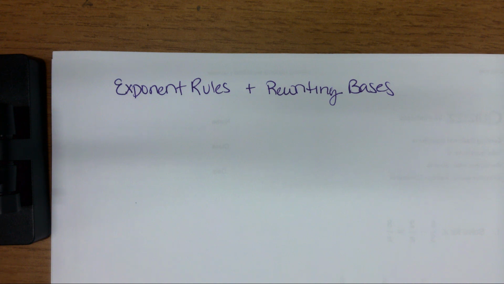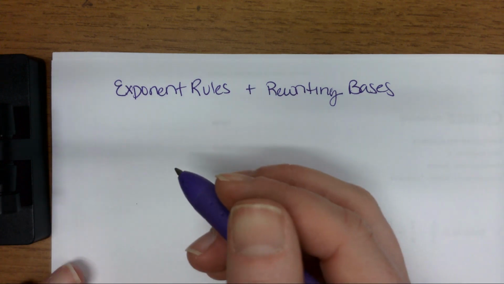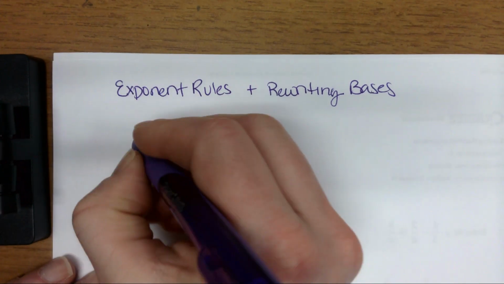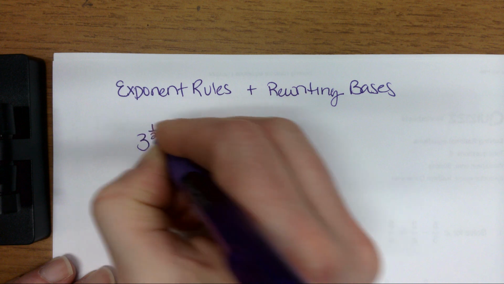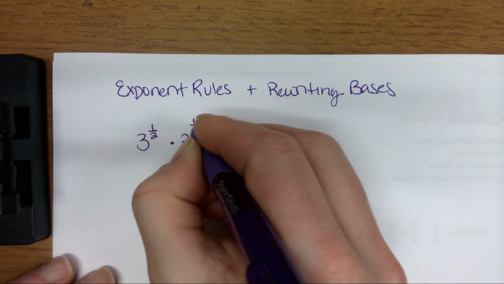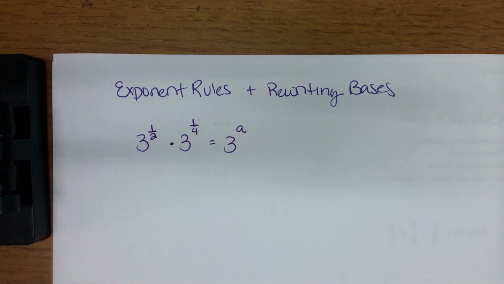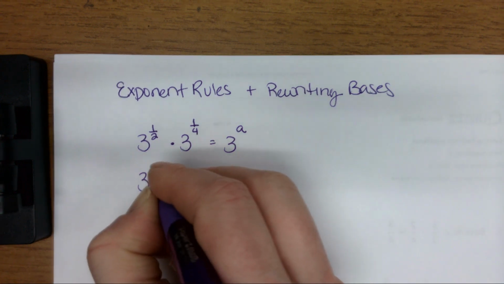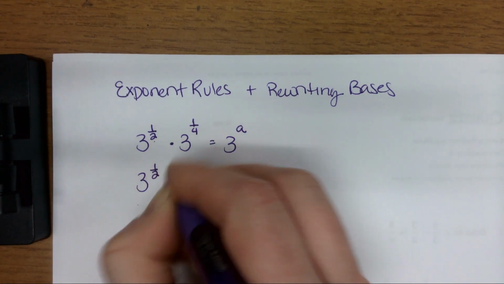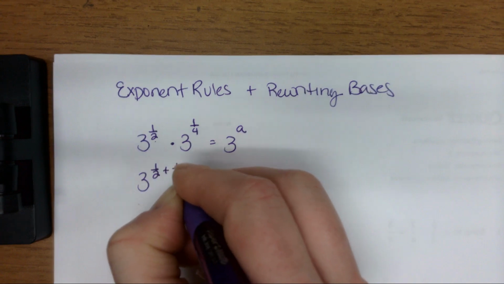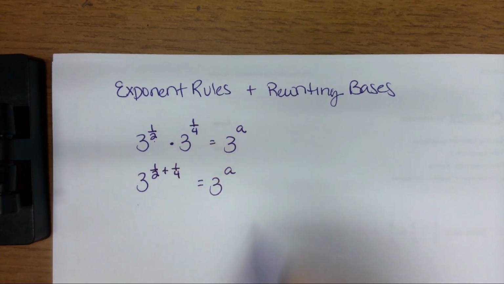So the idea here is, let's say I had 3 to the 1/2 times 3 to the 1/4. And I said, hey, I would like you to rewrite that as 1 base of A. So using our rules that we just talked about, I would have to add the exponents, 1/2 plus 1/4, to figure out what the exponent of 3 is.